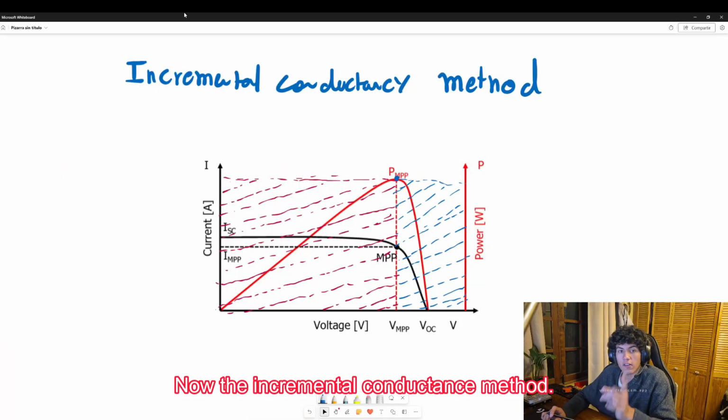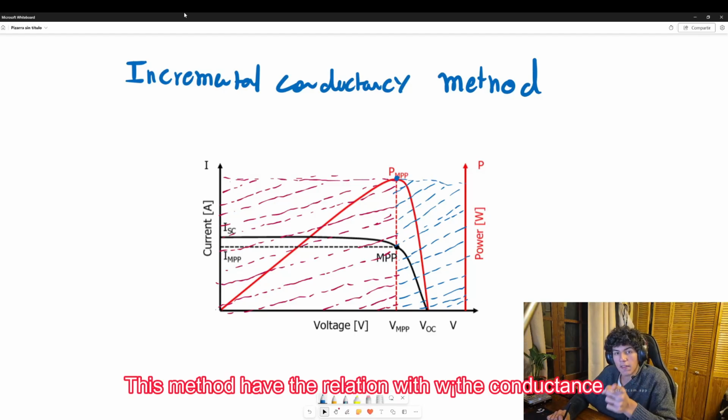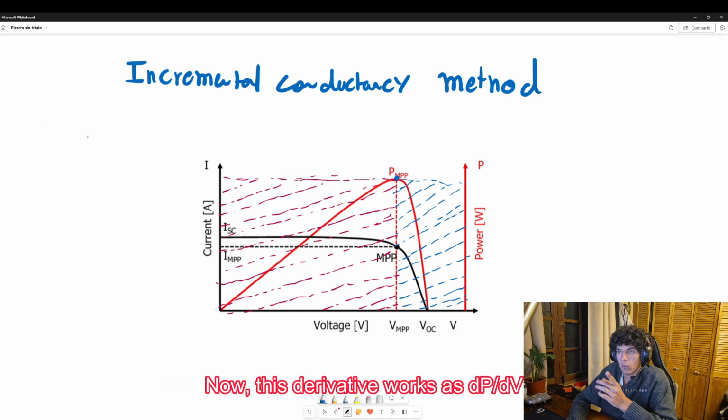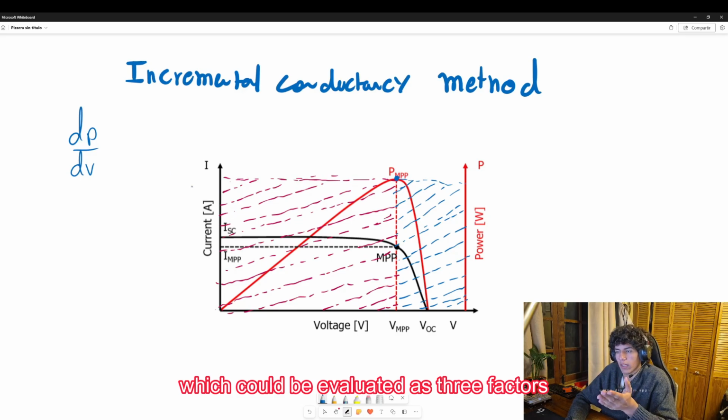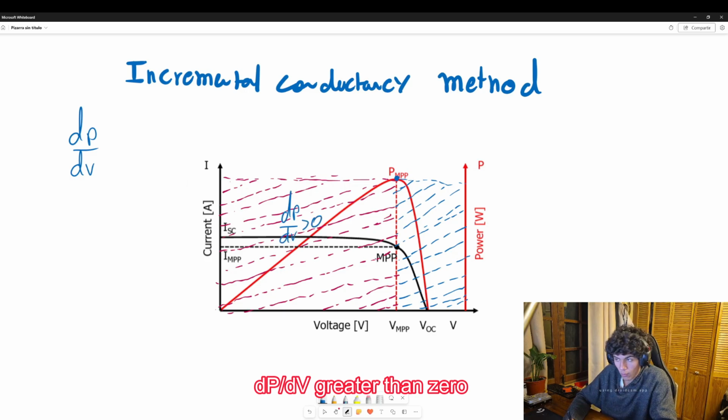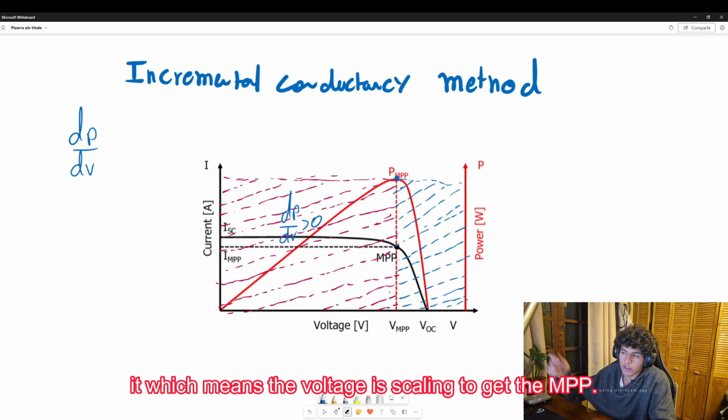Now, the incremental conductance method. This method relates the conductance to the derivative of the power-voltage function. Now, this derivative works as dP/dV, which could be evaluated as three cases: dP/dV greater than 0, which means the voltage is climbing to get to the maximum power point.